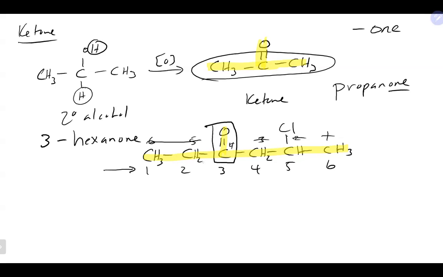The 3 is where the carbon-oxygen double bond's located. And because we locked into place numbering this way, our chlorine will have to be number 5 in this case. So this would be 5 chloro 3 hexanone. ONE.